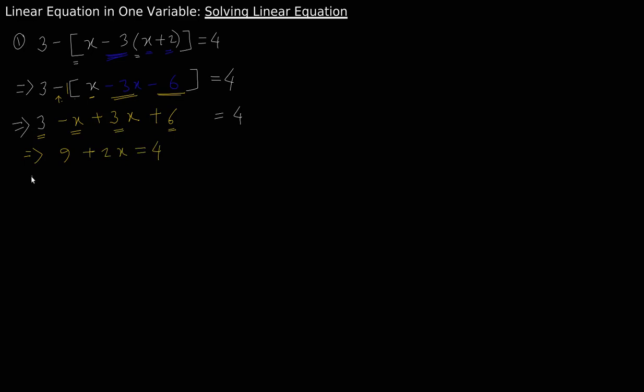As I'm going to solve for x, I'm going to keep 2x on this side and bring this plus 9 to the other side, so it becomes minus 9. So 2x equals negative 5, and x equals negative 5 over 2. This is the solution.